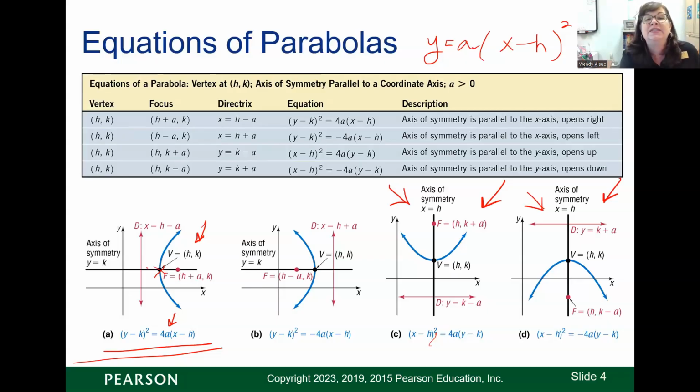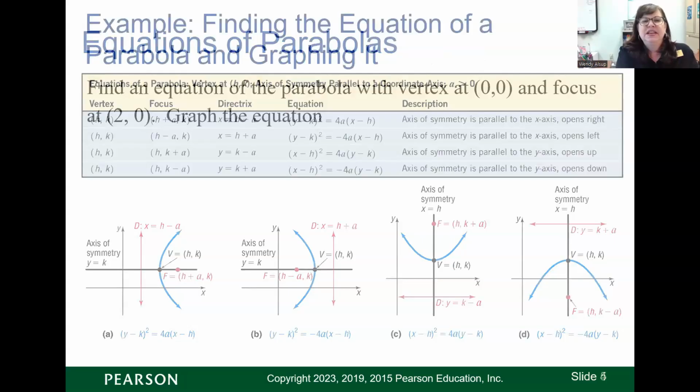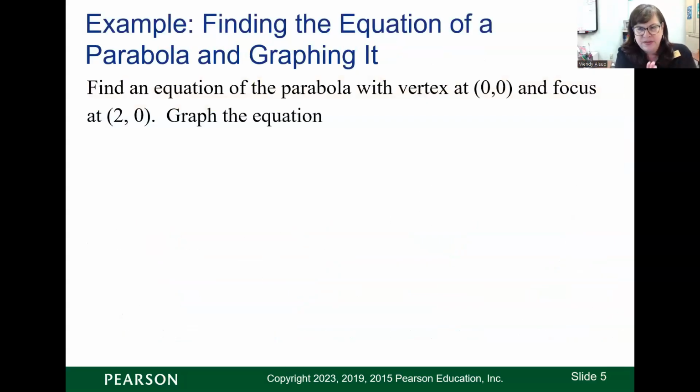What we'll find is that 4 times some number, which we'll call a, will define how wide our parabola is. This is actually the same thing we used if you took Math 110 with me when we were dealing with graphs of quadratics, except it's written in a different form. So these look a little more terrible than they actually are.